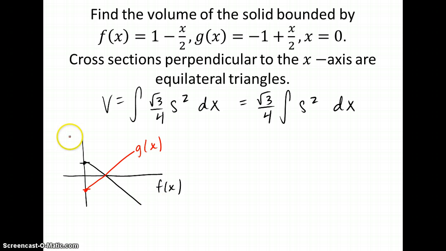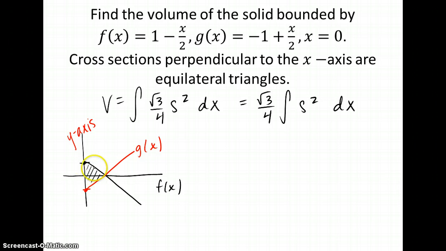And then x equals 0, of course, is the y-axis. So we're looking at this region. Now we're not revolving it about an axis, and I'll show you the picture next, but what you have to think of to make this a three-dimensional region, equilateral triangles would create the solid. So it's like equilateral triangles would be coming from this boundary.